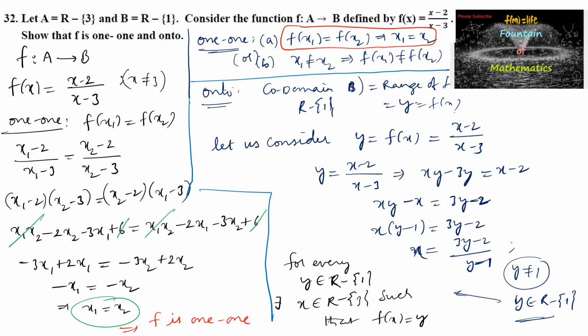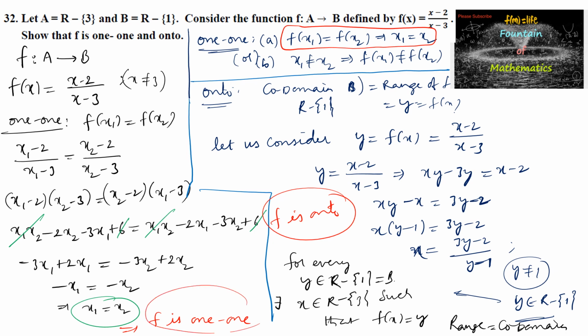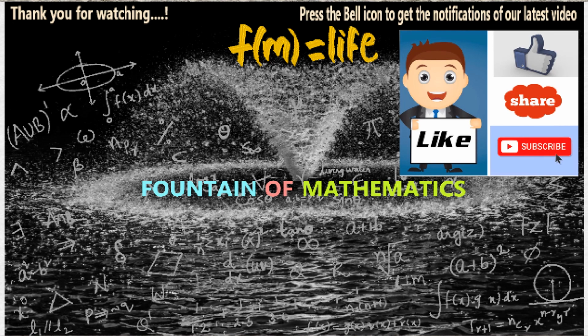And here we can say that R minus 1 is nothing but your codomain. So here range is equal to codomain, and hence we can say this function is onto. So f is 1 to 1 and f is onto, so hence proved.